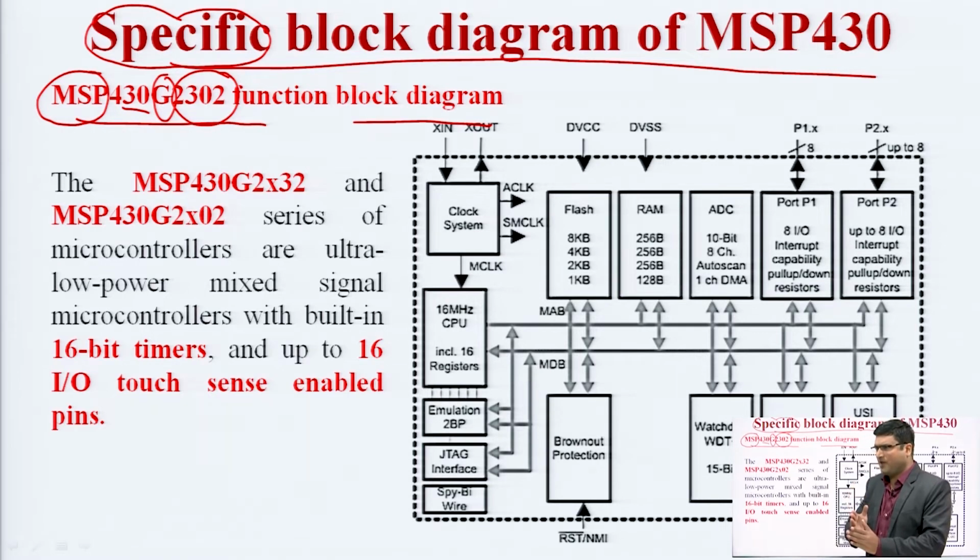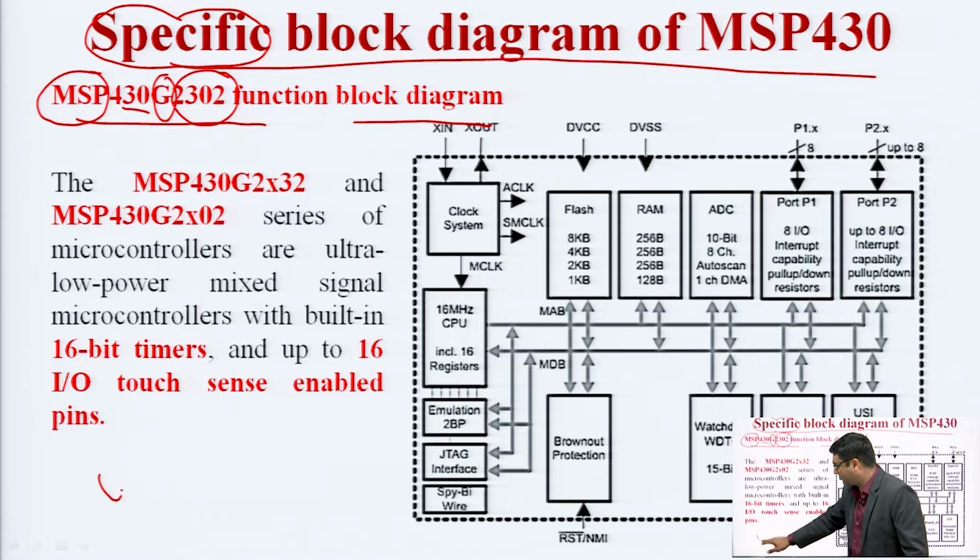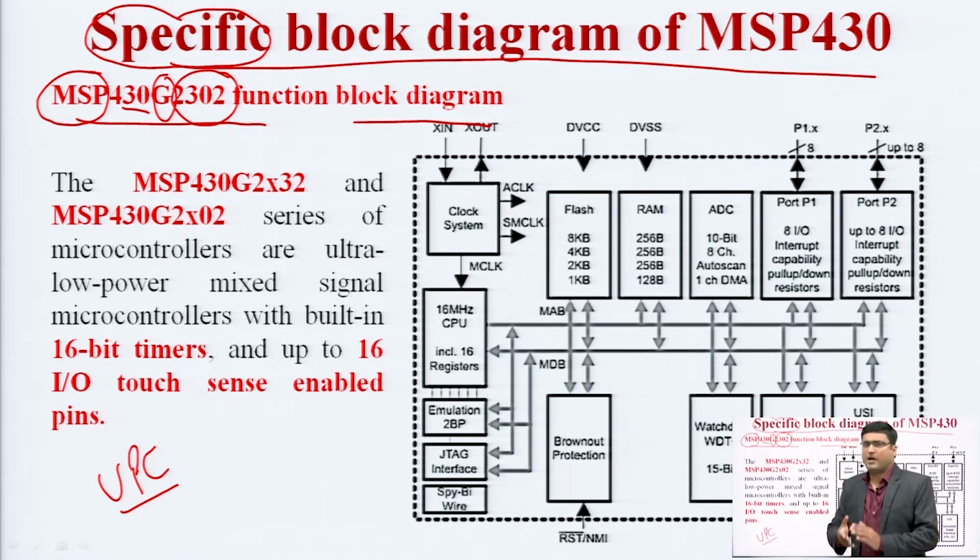The MSP has very advanced features as compared to previous microcontrollers. It has ultra low power consumption; among all the microcontrollers available, the MSP 430 has very little power consumption.